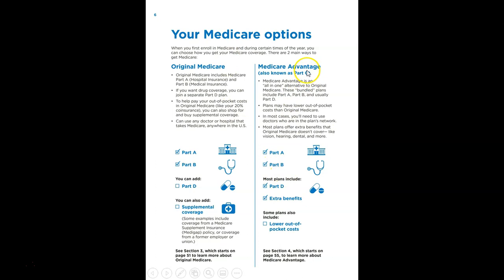So just as a recap, Medicare Advantage includes Medicare Part A, Part B, in most cases covers Part D, includes the extra benefits. However, there is a cost that's associated with the Medicare Advantage plans. Unlike original Medicare with a Medicare supplement plan, if you have, for example, what's called a Plan G, okay?